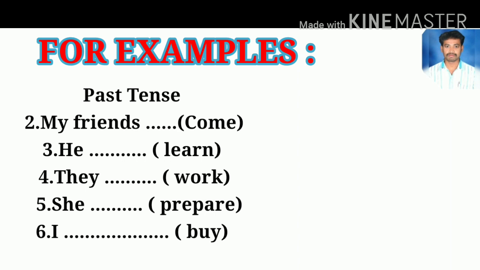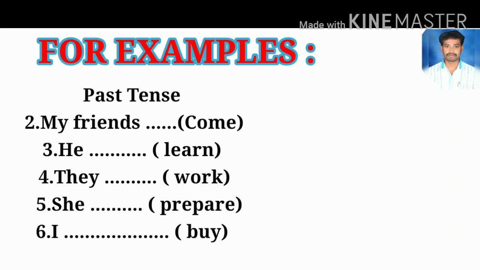Okay, I'll move to the third one, he, dash, in bracket, learn. What is the answer here? That is was learnt. Some of you write learned, but here learnt is the correct one, so all of you write learnt. He is third person singular, so I write was. Was learnt.